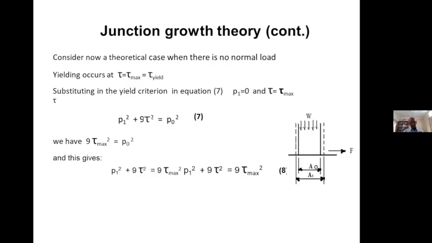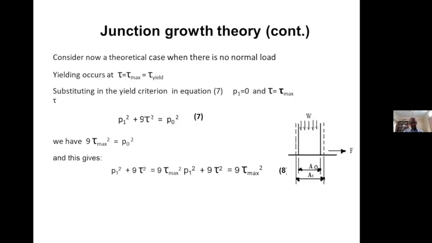Now this is written twice here, but this is what it means, that P0 squared is replaced by 9 tau max squared. Now this equation will be useful in the next case we consider.